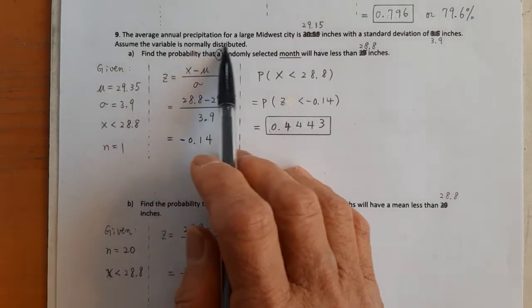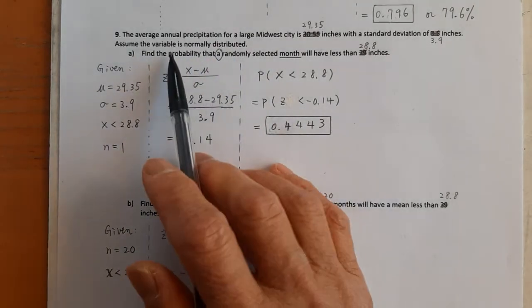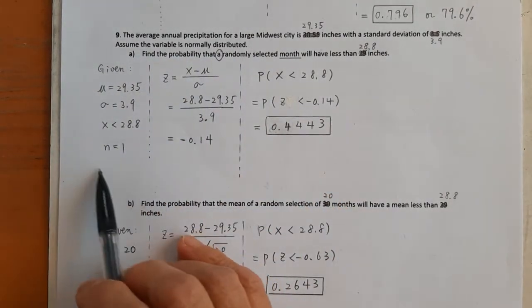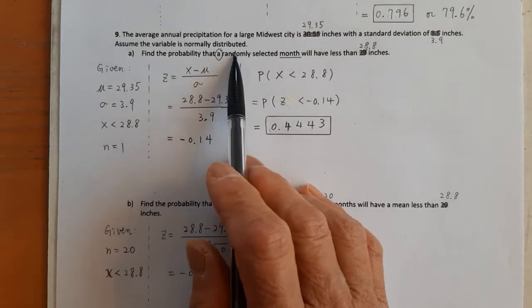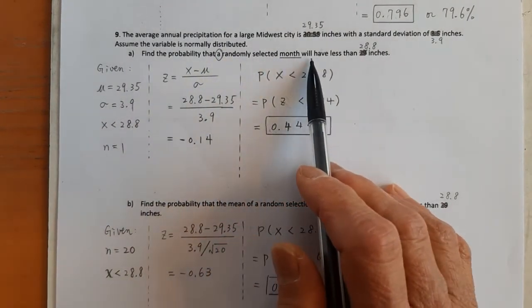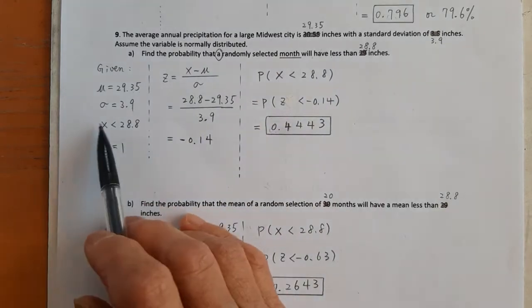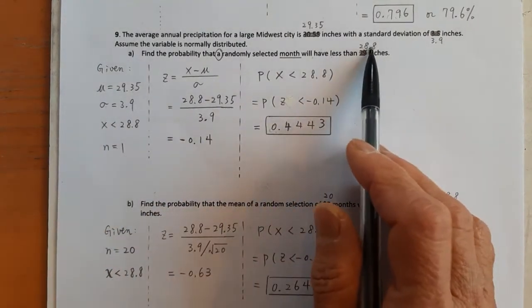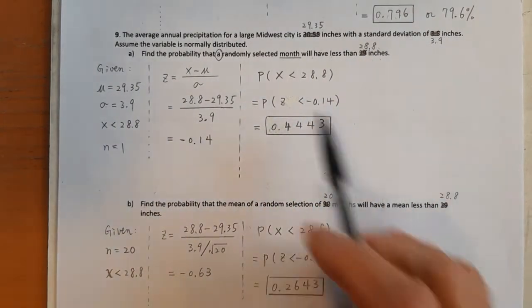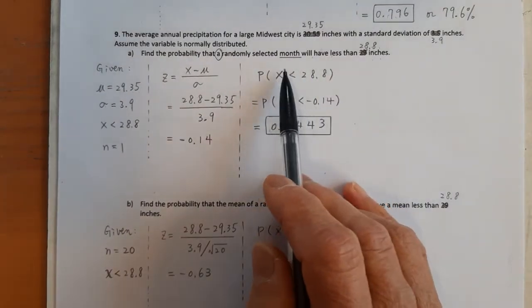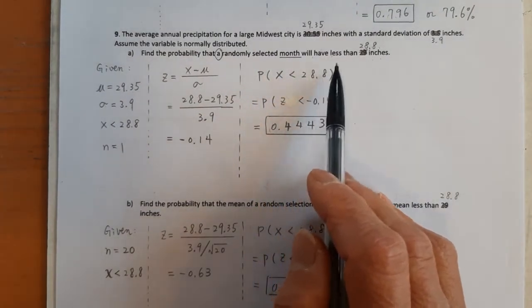Assume the variable is normally distributed. Find the probability that, with n equal to 1, a randomly selected month will have less than 28.8 inches. So we are looking for the probability of x less than 28.8 inches.